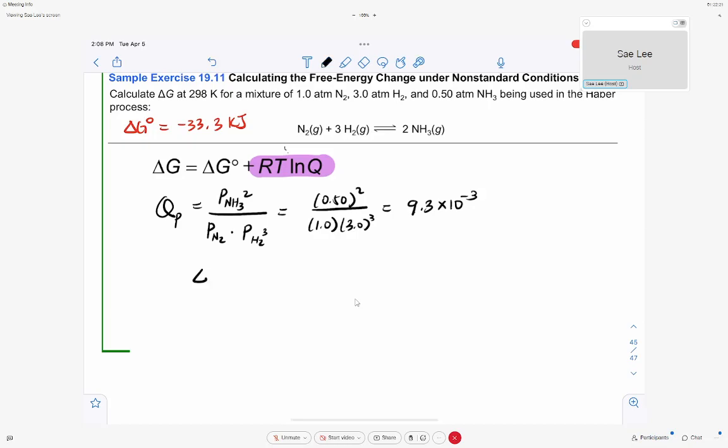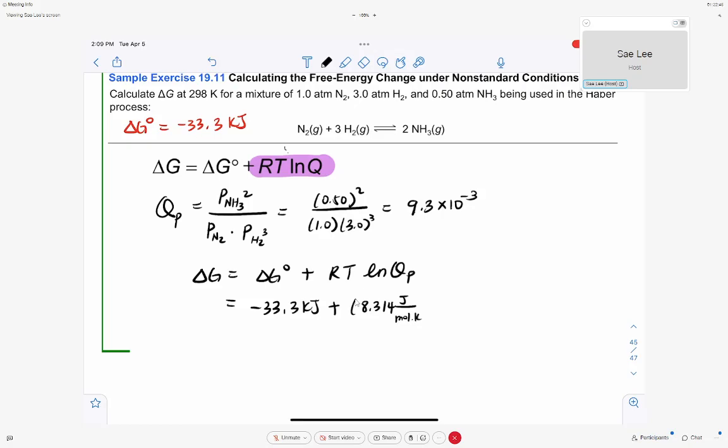So delta G is equal to delta G naught, negative 33.3 kilojoule, plus the gas constant, 8.314 joule per mole Kelvin. Again, you have joule, so we're going to multiply by 1 kilojoule over 10 to the power of 3 joule so that we can convert the joule into kilojoule.